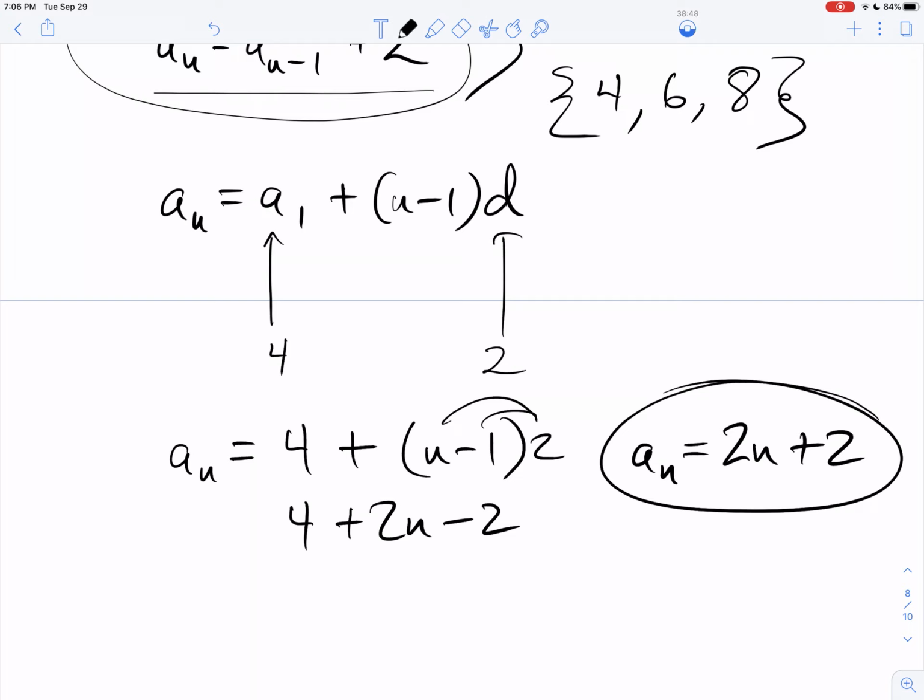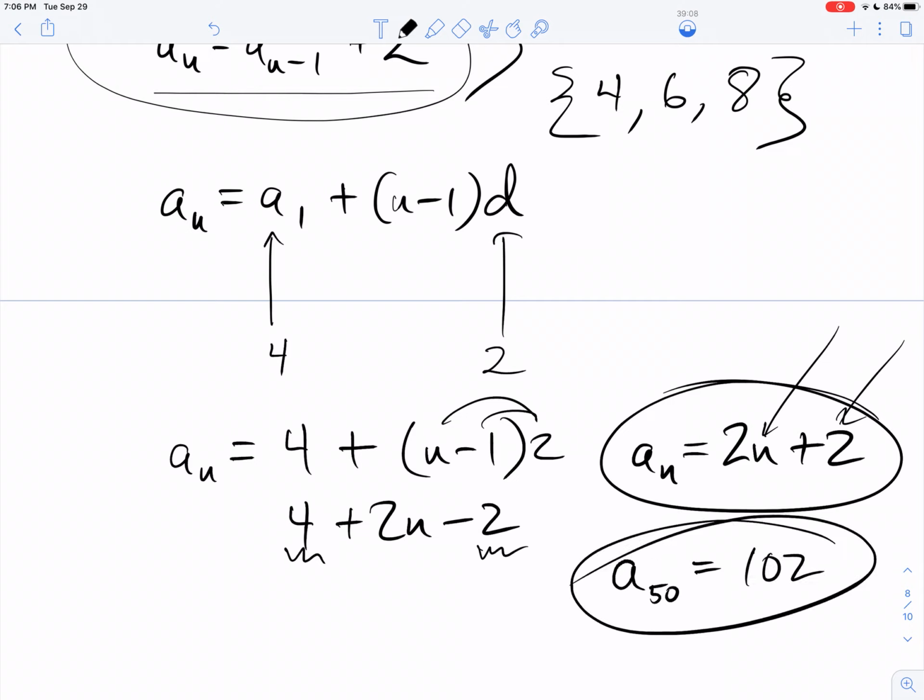When you write a rule for somebody, you don't make them combine the stuff. You do it for them. And then I will ask you, hey, what is the 50th number in this list? Something random like that. And if you go, hey, I could do that. That's just 2 times 50 plus 2. That's 102. Bam, done. And you'd be correct.